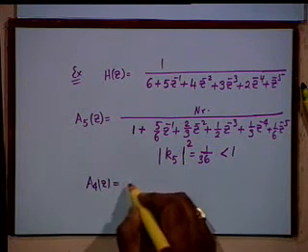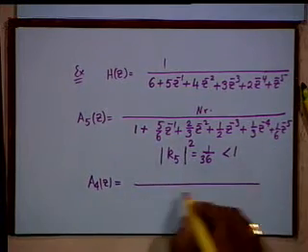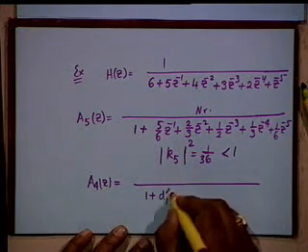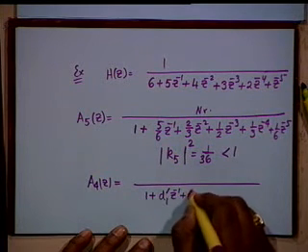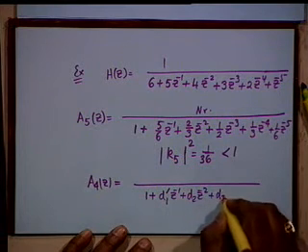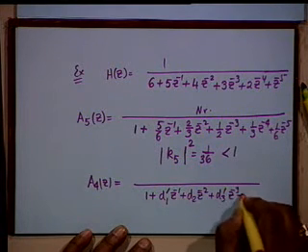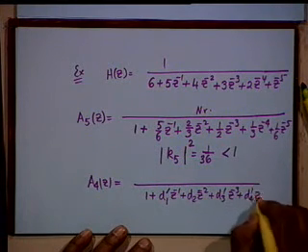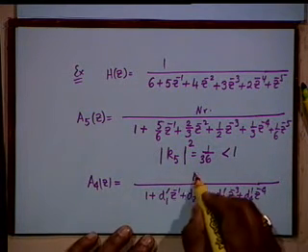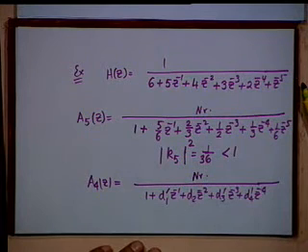Then to find A_4(z), let A_4(z) denominator be 1 plus d_1 prime z to the minus 1 plus d_2 prime z to the minus 2 plus d_3 prime z to the minus 3 plus d_4 prime z to the minus 4. Okay, and the numerator you can construct.